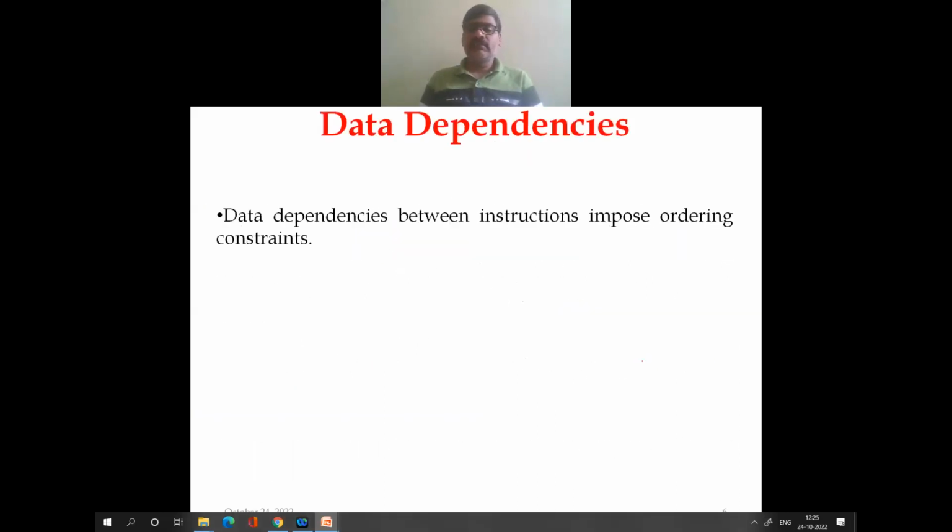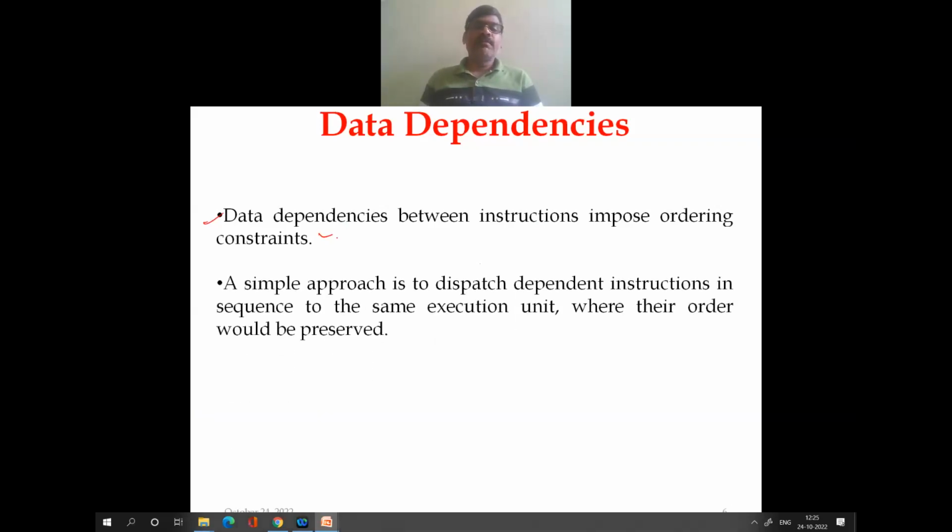Coming to data dependencies, we already discussed that if one instruction's output is used as an input to the next instruction, then we describe it as a data dependency. If we have a data dependency between instructions, it will impose an ordering constraint on the order in which the instructions have to be executed. A simple approach is to dispatch dependent instructions in sequence to the same execution unit, where their order would be preserved.